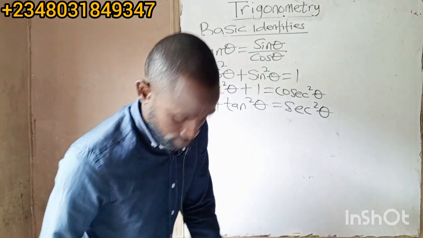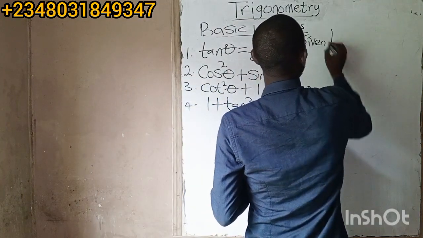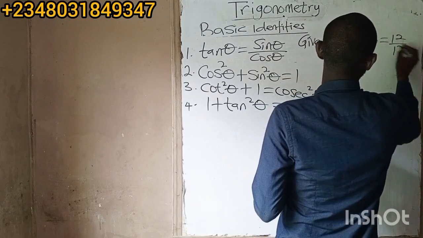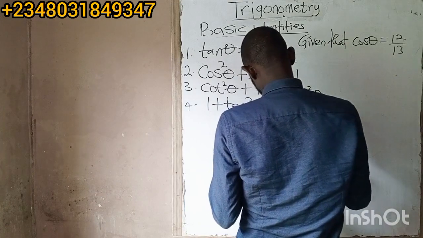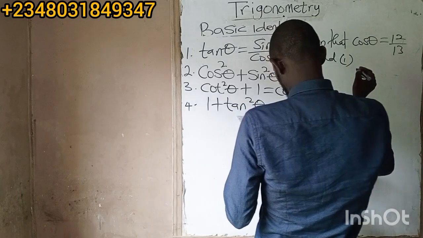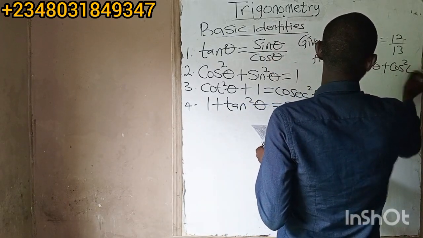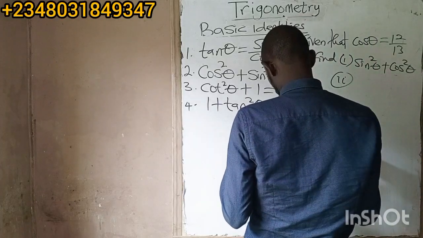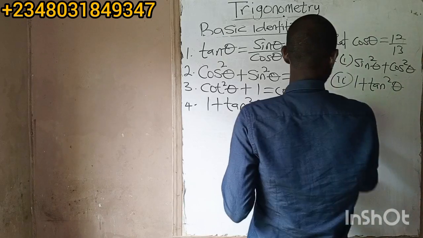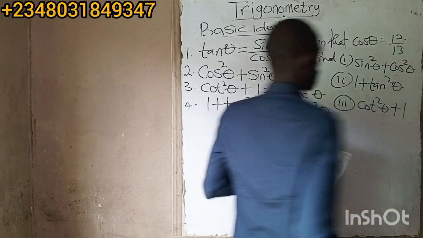Find: 1, sin square theta plus cos square theta; 2, 1 plus tan square theta; 3, cot square theta plus 1.